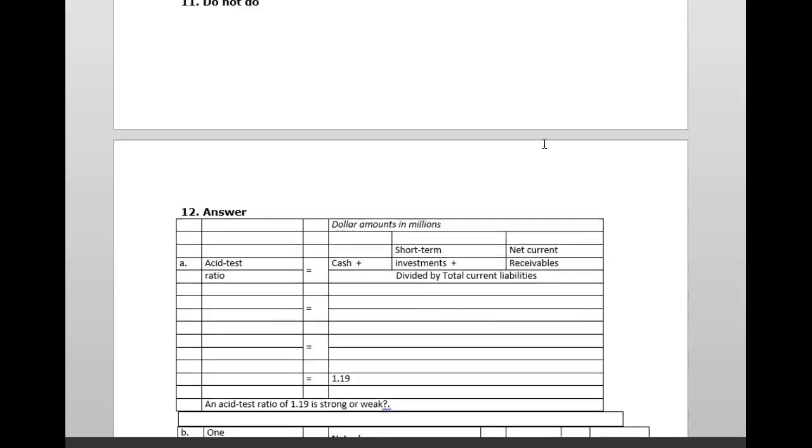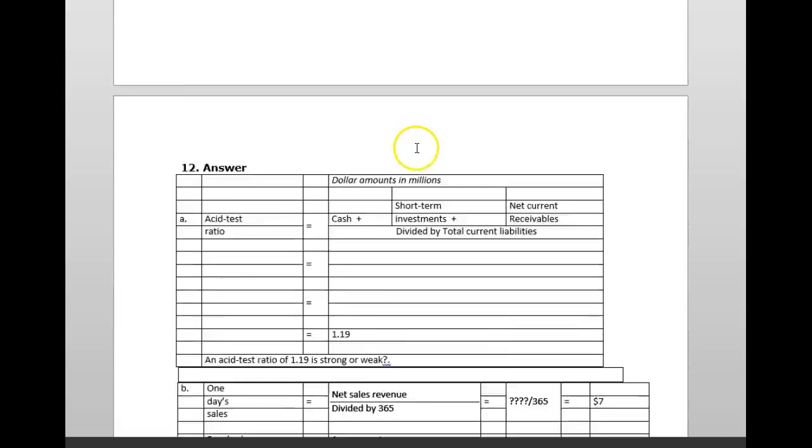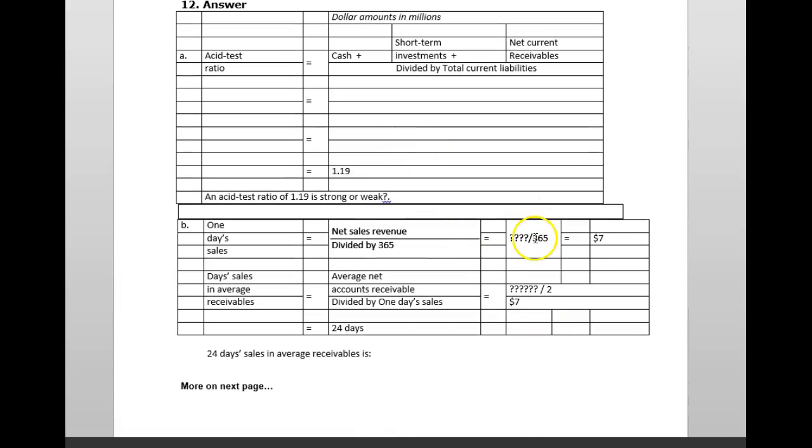The banks usually use the 360, whereas businesses, when they're doing ratios, will usually use the 365 for their days in the year. So that can be confusing. Wherever we have a question mark, see these question marks? Those are the numbers you need to find.